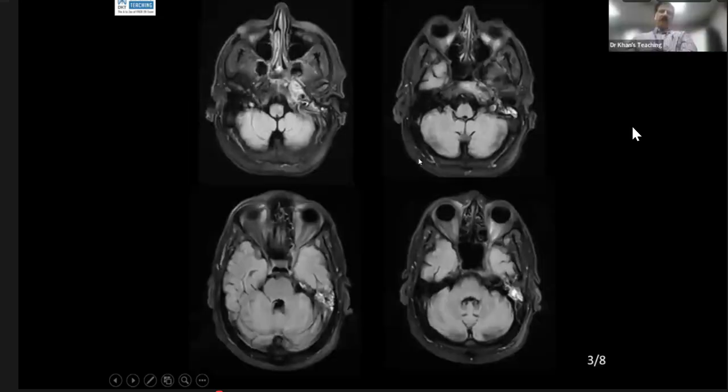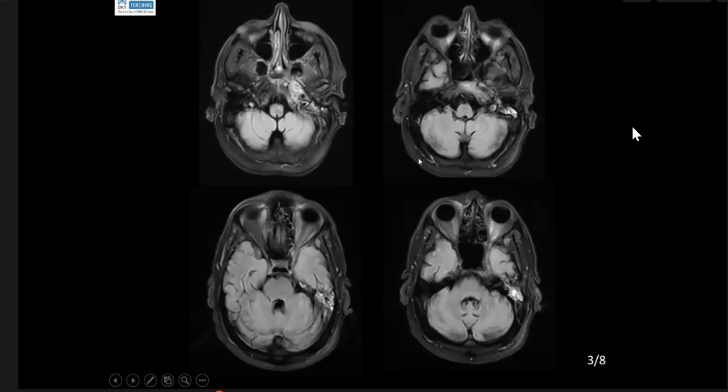Excellent, well done. What are your comments on this FLAIR sequence? I know that the abducens nerve supplies the lateral rectus muscle. Can you describe your findings on the FLAIR? On the FLAIR images on the left side, we've got a high signal lesion within the region of the left temporal bone.